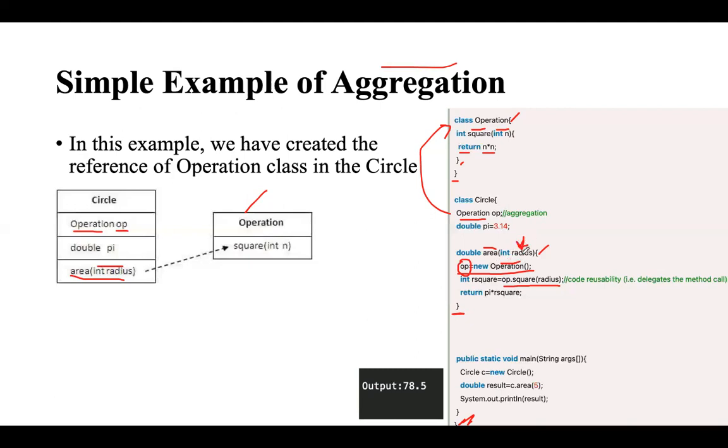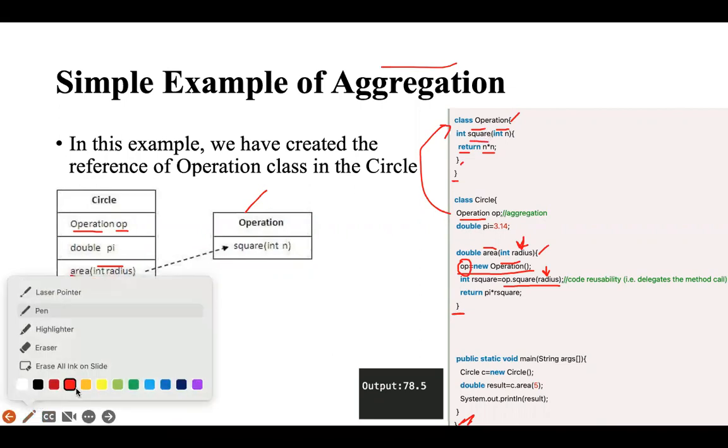This is a variable, and this radius is going here as a parameter into this square method. So OP dot square. OP is an object of this operation class, and we are calling the square method with it. I can clear it first so that you can understand.